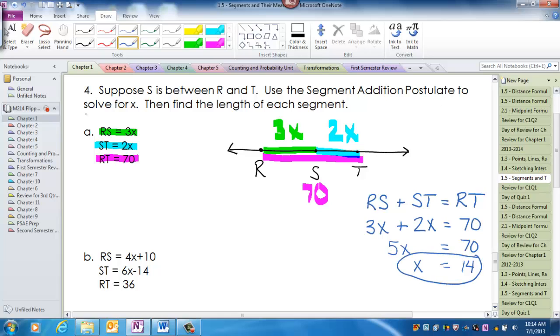Okay, so it says to solve for x, so we did that, x is 14, and then use that value of x to find the length of each segment. Okay, so we still need RS and ST. Well, RS equals 3x, but we know now that x is 14, so 3 times 14, which is 42 units long.